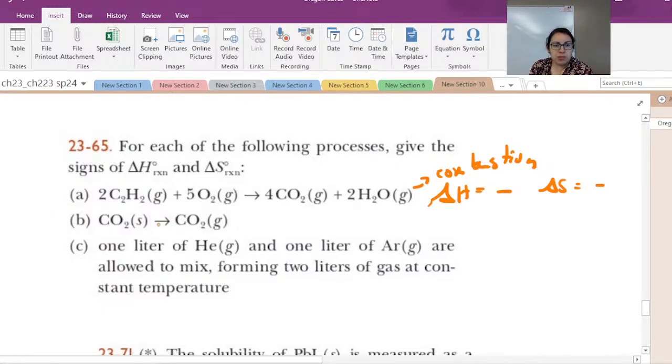What about B? So what kind of a process is going on there? Sublimation. So then what do we need our delta H to be? Positive, so endothermic reaction. And then what can we say about our change in entropy? Sublimation, solid to gas, so what does that do?